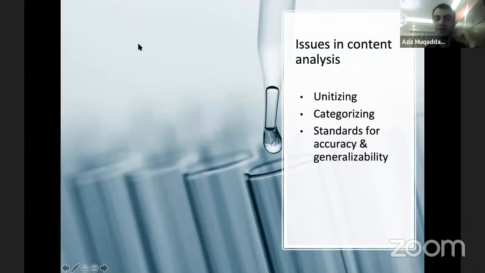Okay, so last time, if you've watched or attended Wednesday's lecture, we were talking about content analysis and its application. What are the content analysis steps?